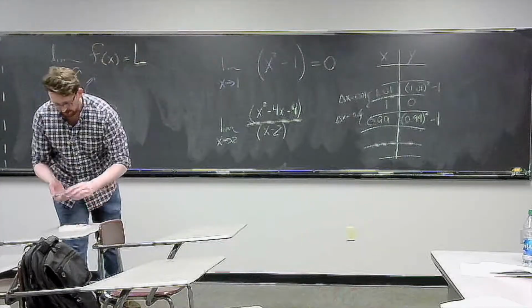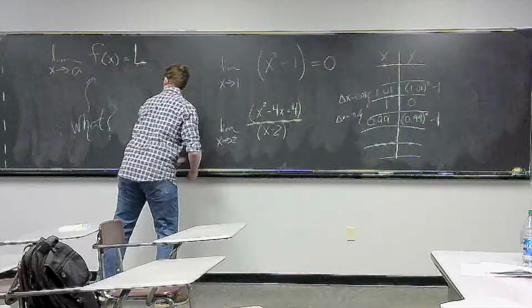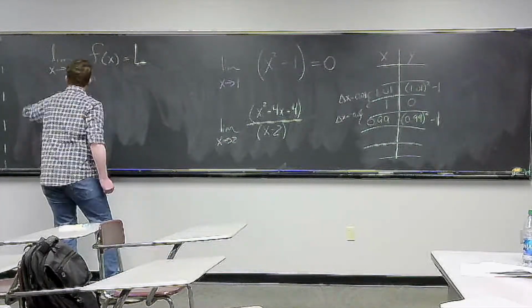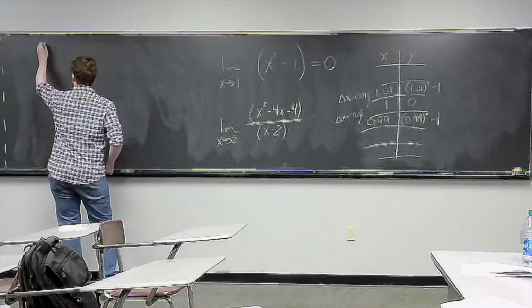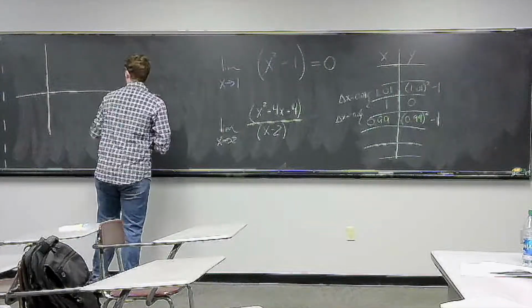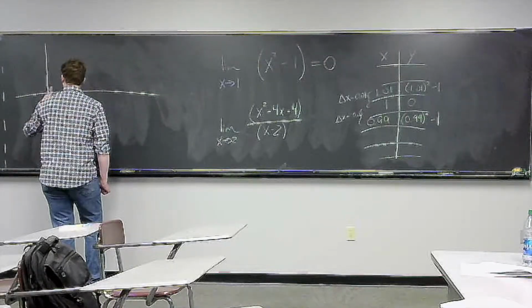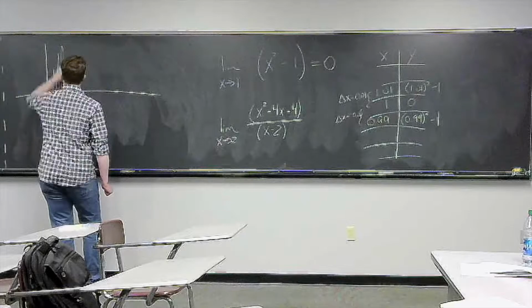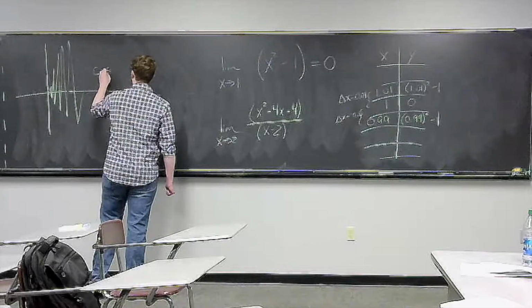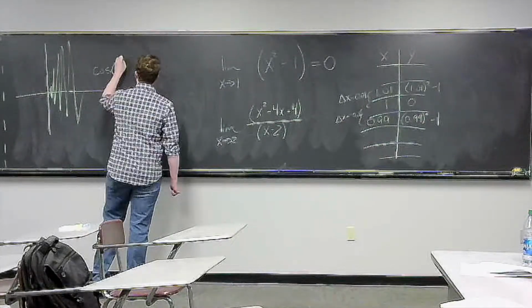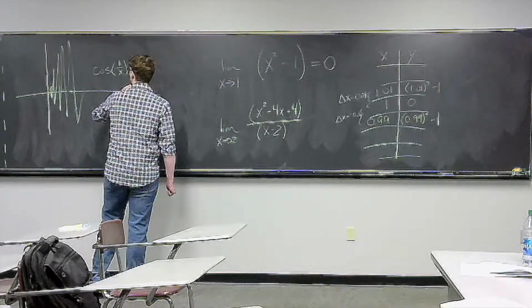To show you an example of this, just draw a graph. We could imagine the graph of something like cosine of 1 over x. Right?